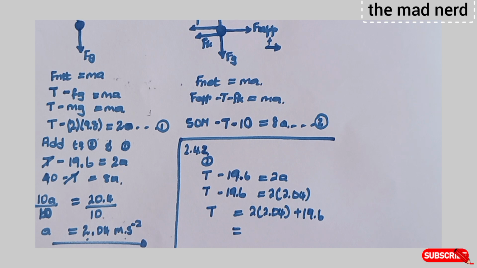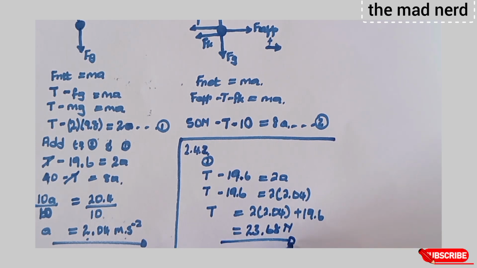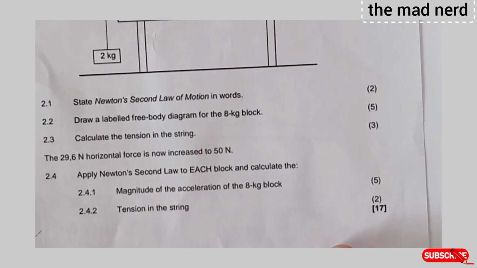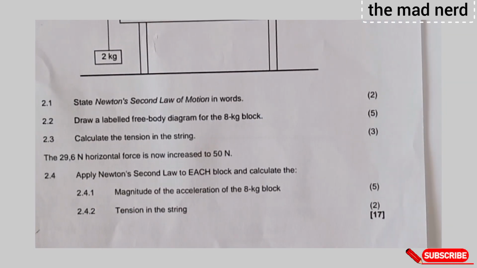So our tension here should be 23.68 newtons. So that's our tension. Now we are done with this question, because this was the last question. So 2.4.2 was our last question.